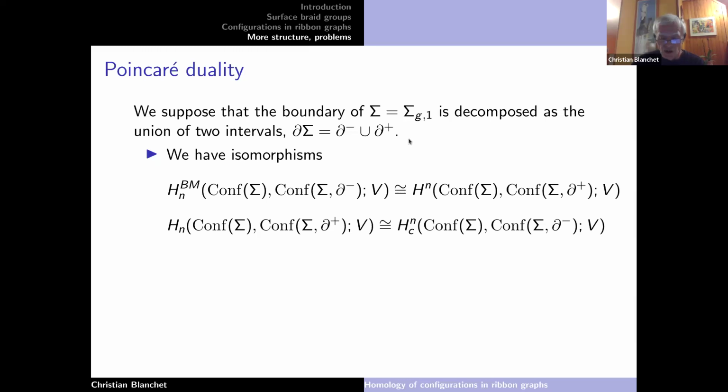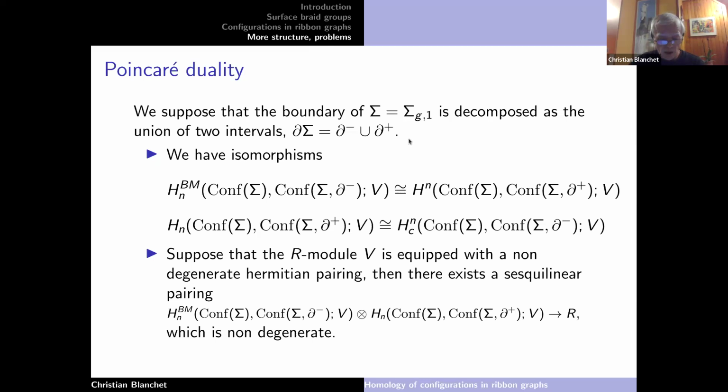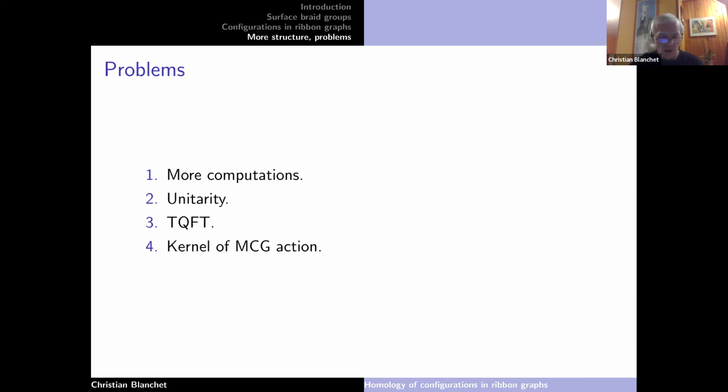So in this case, we are able to compute more. And if the R-module V is equipped with a non-degenerate Hermitian pairing, then there exists a sesquilinear pairing which is non-degenerate. So we have an intersection form, which is useful for computing. So this plays really an important role in Bigelow's work.